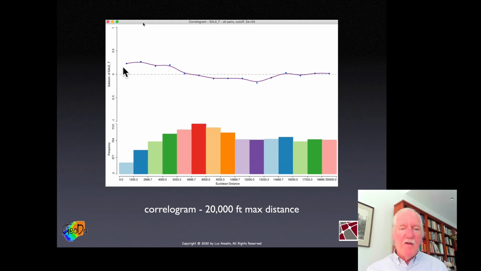So here we have a little more precise view of what goes on, and we have a fairly flat curve up until this kind of distance, about 5,000 feet. And then we have a steep decline where it crosses around here, around 6,000 some feet. It crosses the zero line. So this again gives us a measure of the range of interaction. Beyond here, the interaction is actually negative.